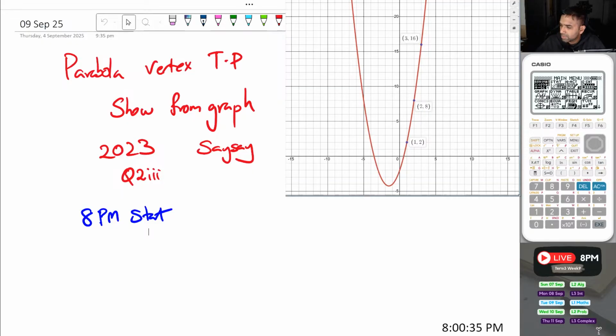One of the requests I got last week when we finished the mathematical reasoning tutorial was from someone who asked, can you actually do some parabolas looking at vertex and turning points and so on?